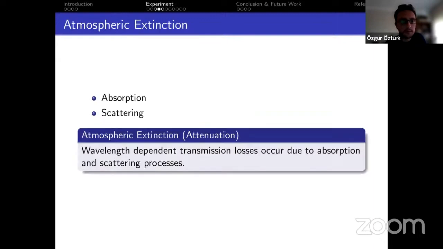Then there are the losses: atmospheric extinction, mostly caused by absorption and scattering processes, which are wavelength dependent transmission losses. In the experiment, we tried to choose relatively dry weather and minimal wind to prevent these types of losses.